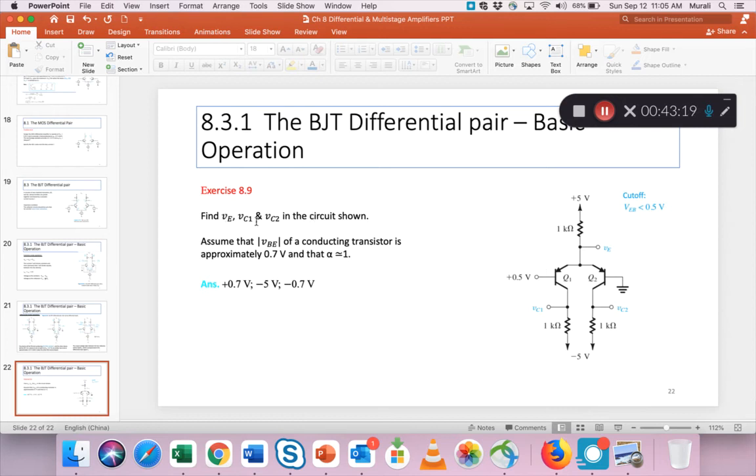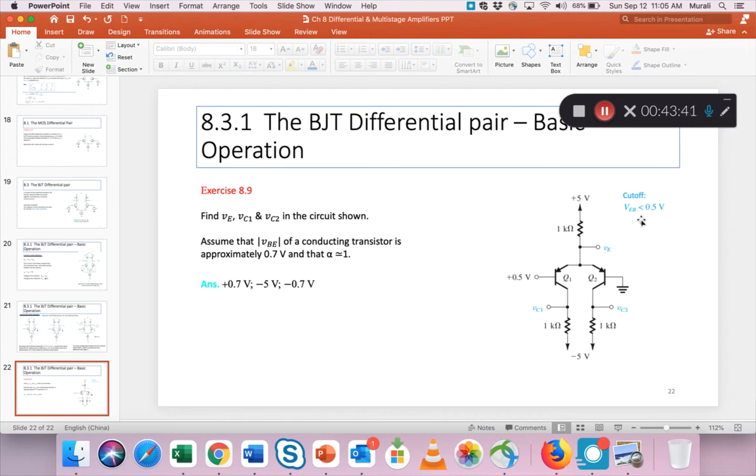So find VE, VC1, VC2. To be able to solve this, we need to understand cutoff and saturation. With a situation like this, we know that one of them will be cut off, and the other will be conducting the full current.